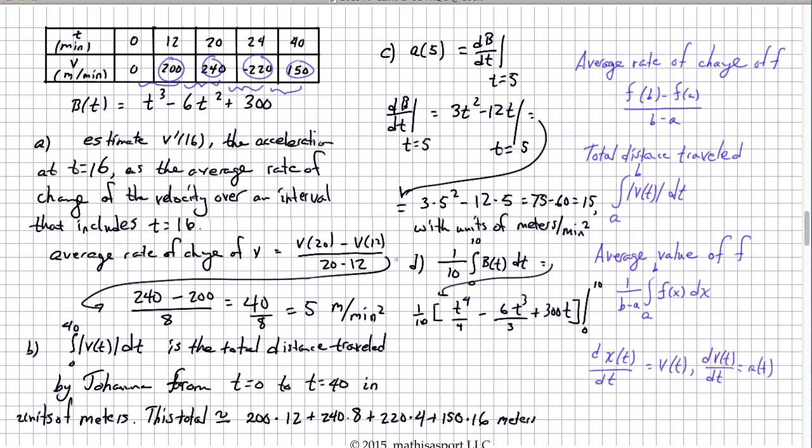Let's just bring this down to the next line. We've got 1/10 of 10 to the 4th over 4 minus 2 times 10 to the 3rd plus 300 times 10.